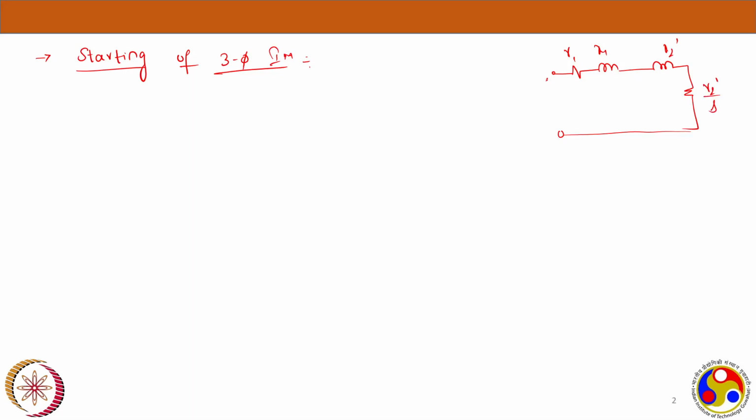This is the point where we apply the input voltage. This is a per phase equivalent circuit, so this is the input voltage per phase we will be giving to each phase of a winding in a machine. Now we are interested to know what happens at the time of starting.